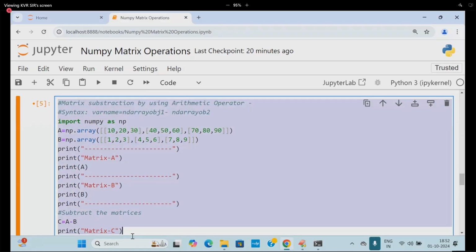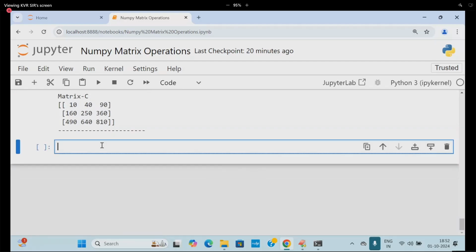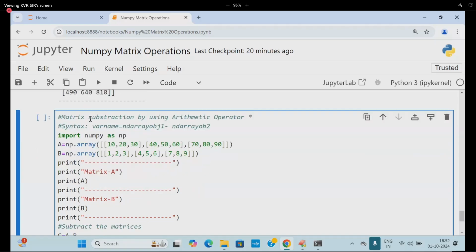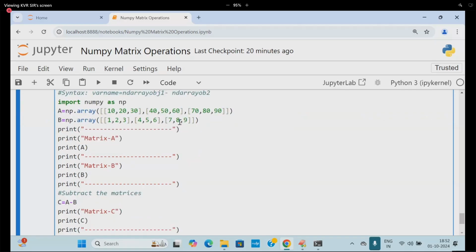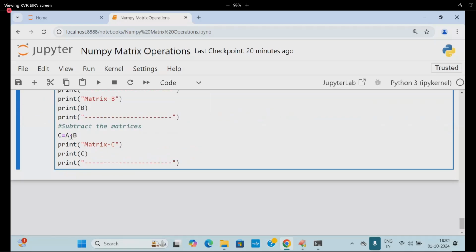Element wise multiplication by using the arithmetic star operator. So here I will write star.